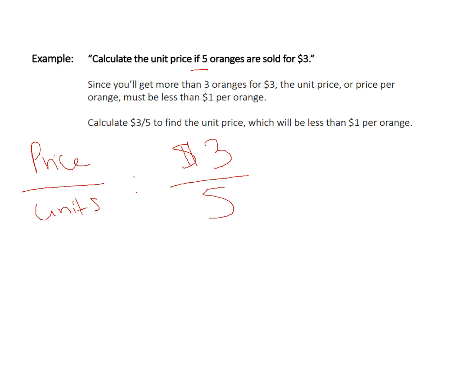So it's just 3 divided by 5, which gives us 60 cents. Actually, it gives us 0.6, which in money form is 60 cents. So each orange costs 60 cents.